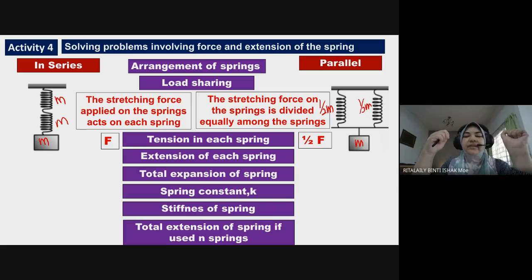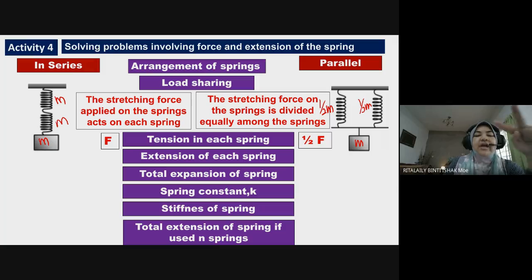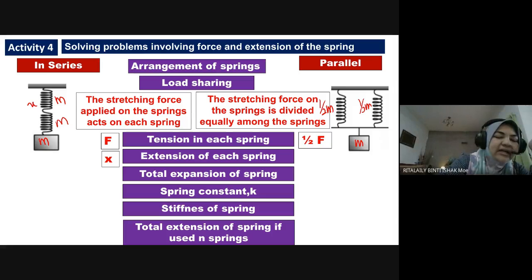Okay. As for the extension, if you have 2 series springs, each spring will extend X. So ini akan extend sebanyak X. This one akan extend sebanyak X. So the total extension for in series is 2X. Okay.